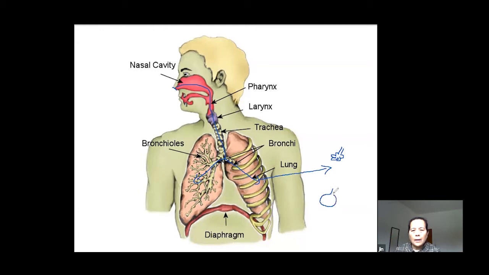That's an alveolus, and around it are blood vessels.